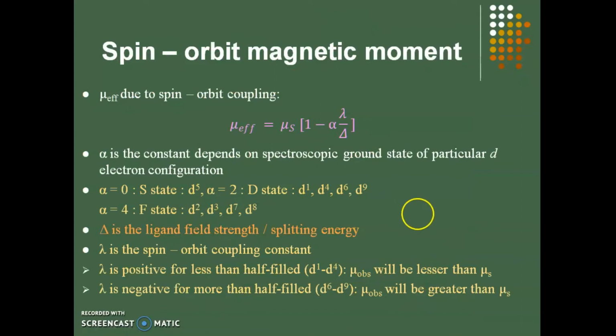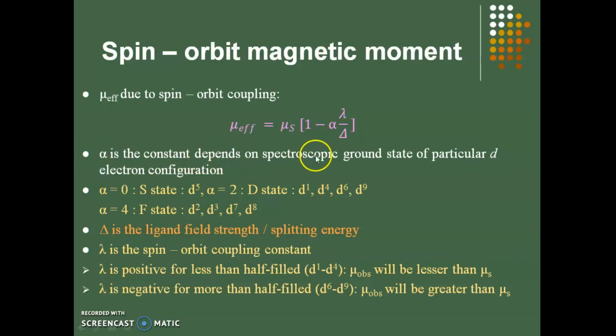Now when there is going to be an orbital angular momentum, how is the total magnetic moment going to be calculated? This is given as mu effective, which is equal to mu s, that is the magnetic moment calculated using the spin only formula, into 1 minus alpha into lambda divided by delta.